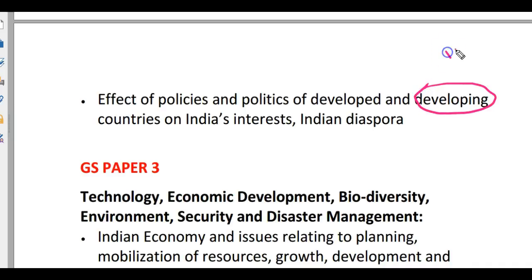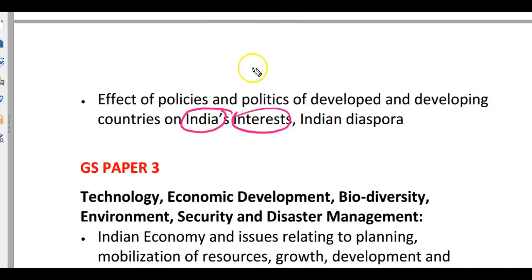In the world, we have more than 190 countries. Out of that, more than 100 countries can be called developing countries. So, the politics of developed and developing countries on India's interest.